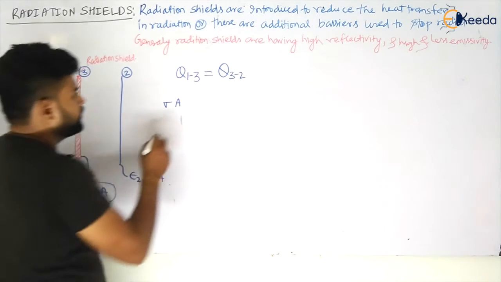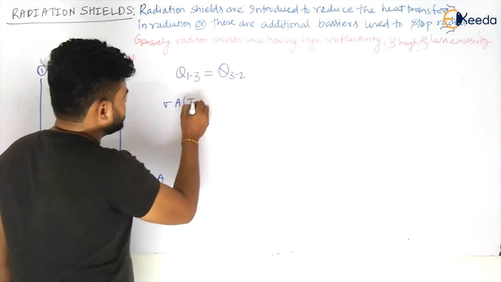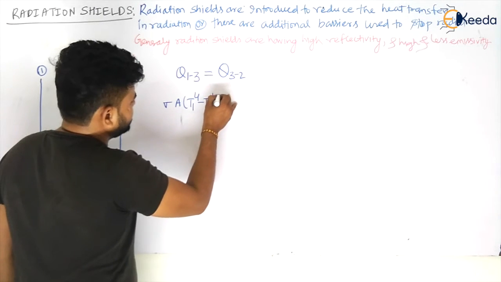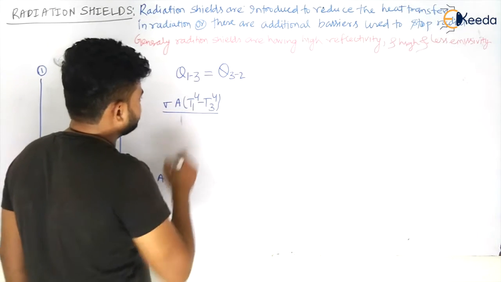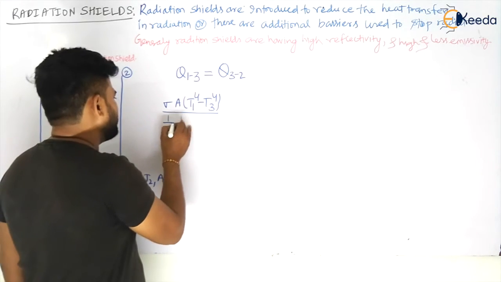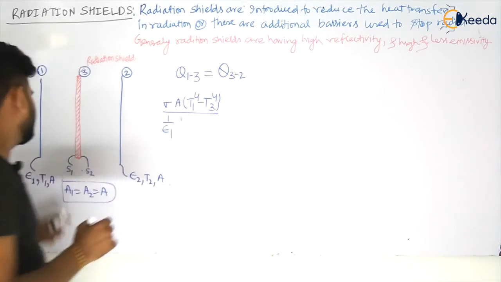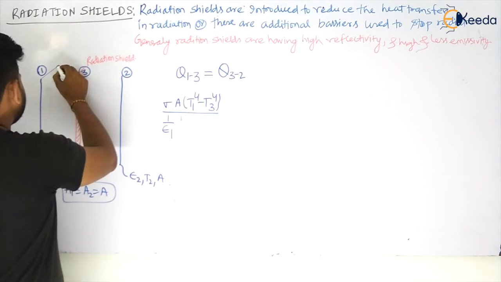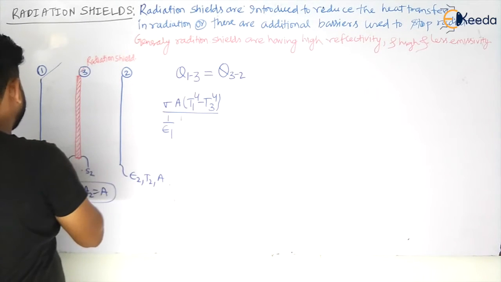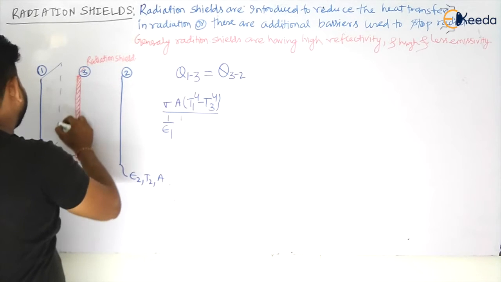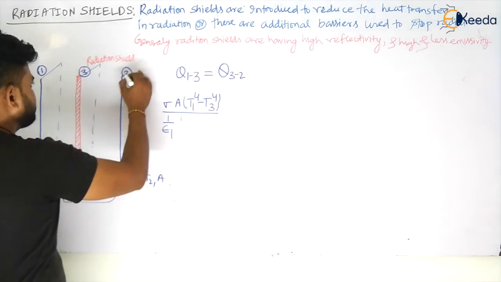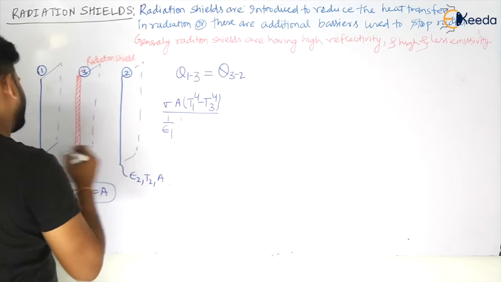Now this will become sigma A, T1 to the power 4 minus T3 to the power 4, divided by 1 upon epsilon 1, the emissivity of this inside surface. These surfaces are something like this, if you can feel.